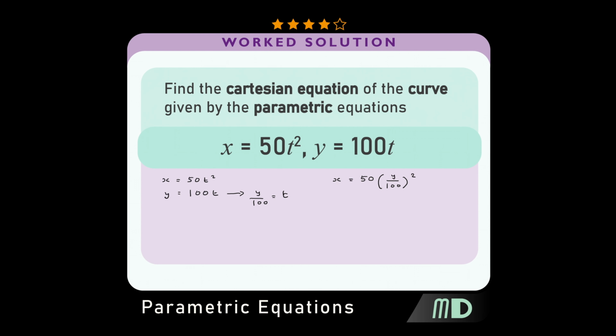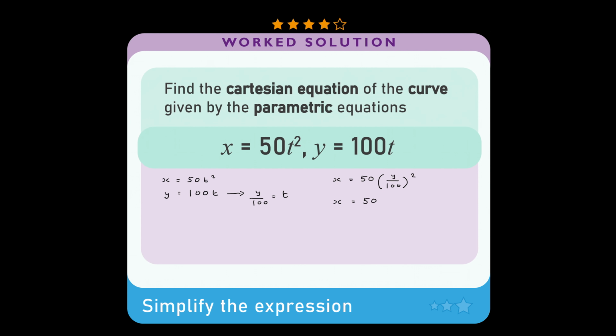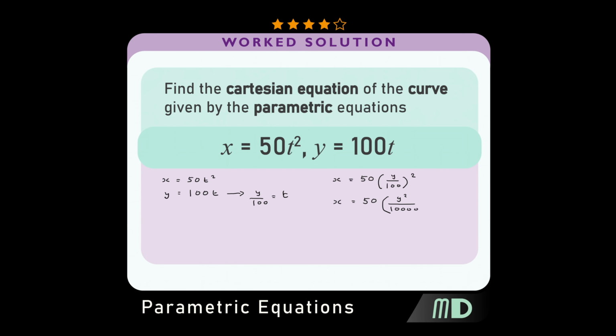By squaring the numerator and denominator of the fraction, we get x equal to 50 multiplied by y squared divided by 10,000. 50 is a factor of both 50 and 10,000. 50 divided by 50 is 1, and 10,000 divided by 50 is 200.